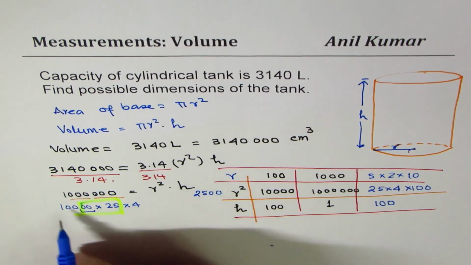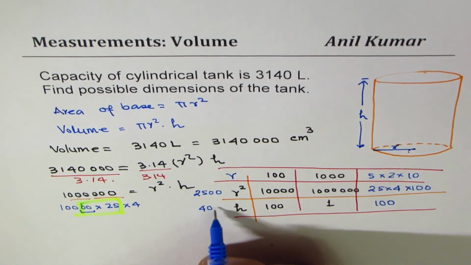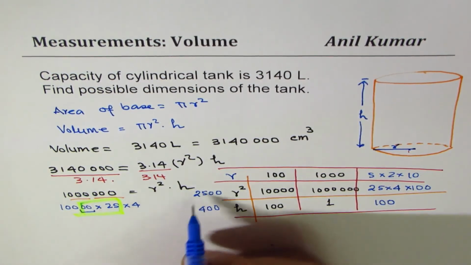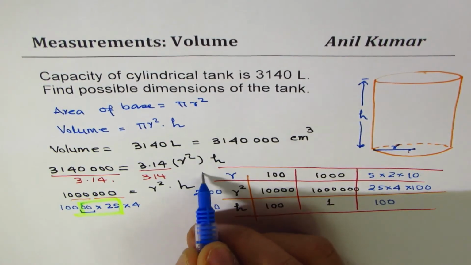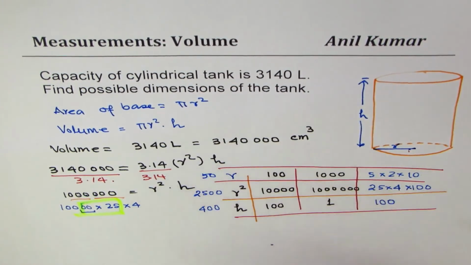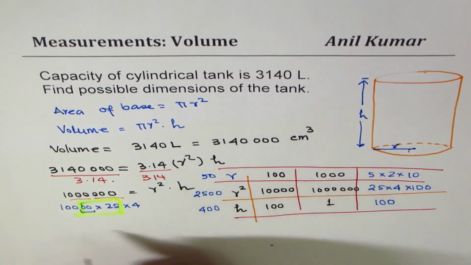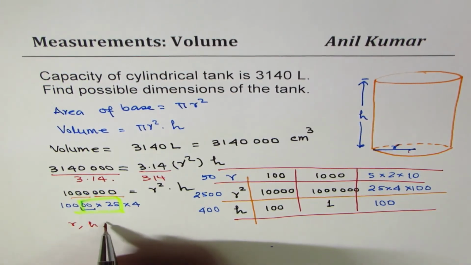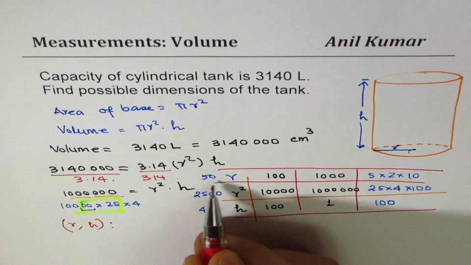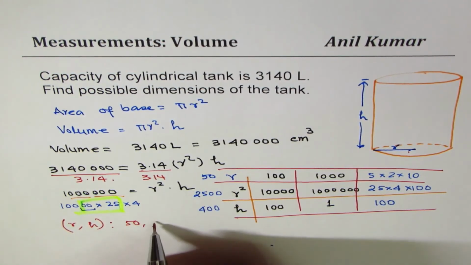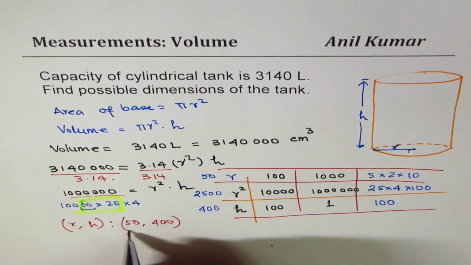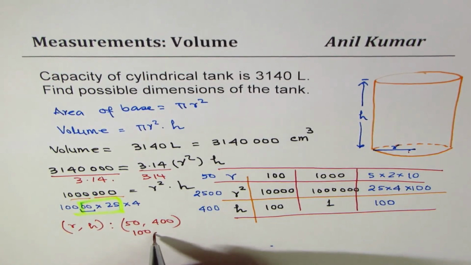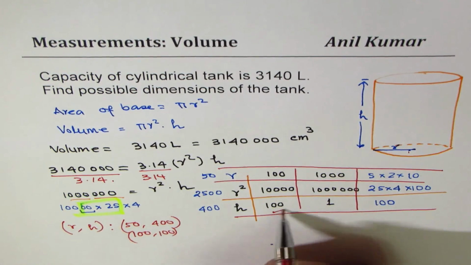And the height is 400. 2500 square root will give you 5 and 10, 50. Correct? So you could get a combination of radius and height as 50 and 400. Do you see that? 50 and 400. You could get combination as 100 and 100, as we got here.